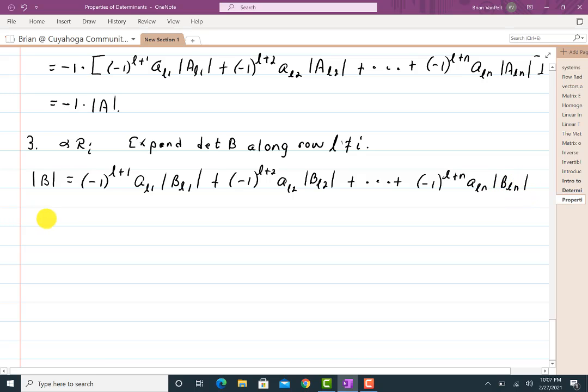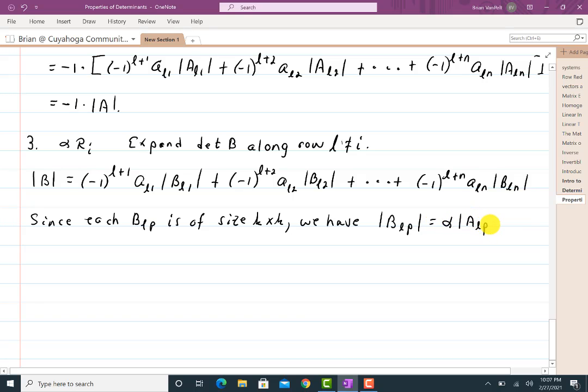And you probably can guess this one, since each BLP is of size K by K, we have that the determinant of these things equals alpha times the determinant of ALP.